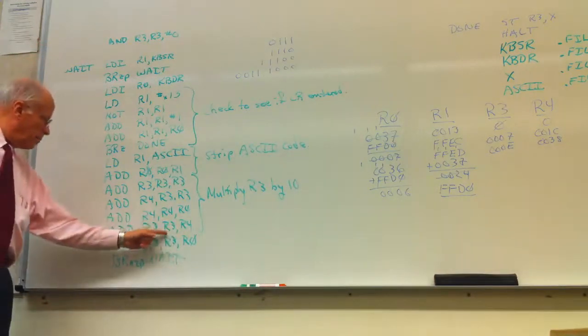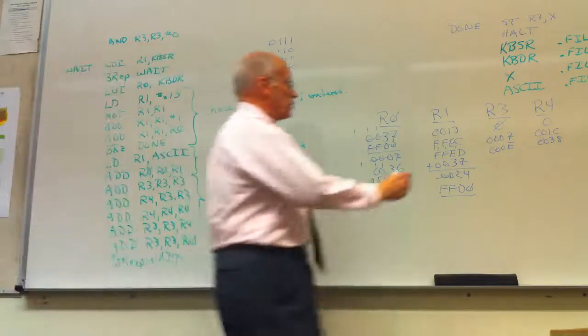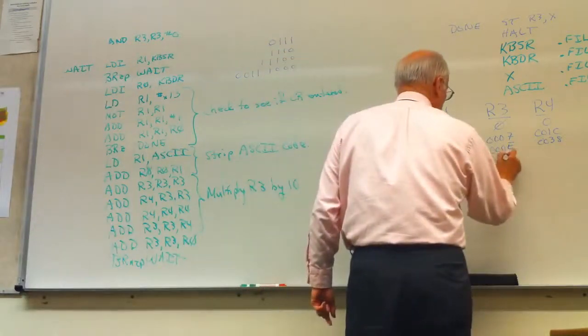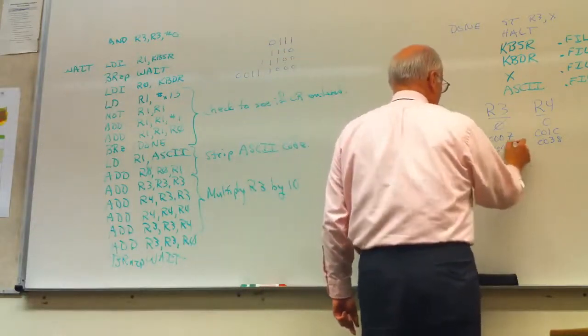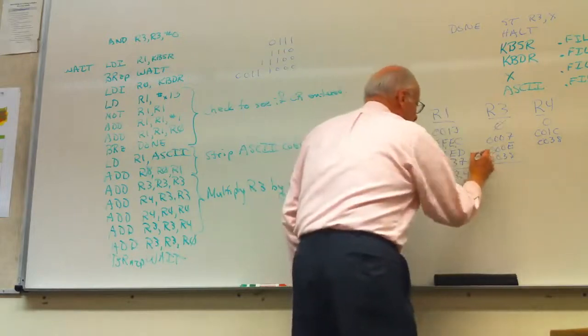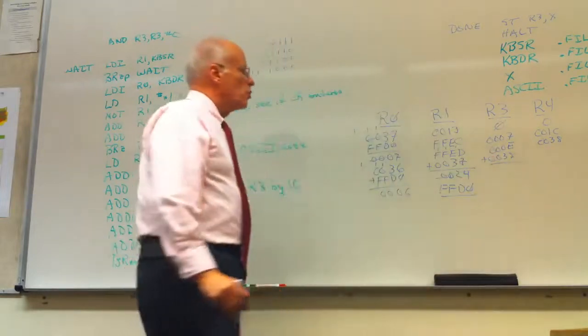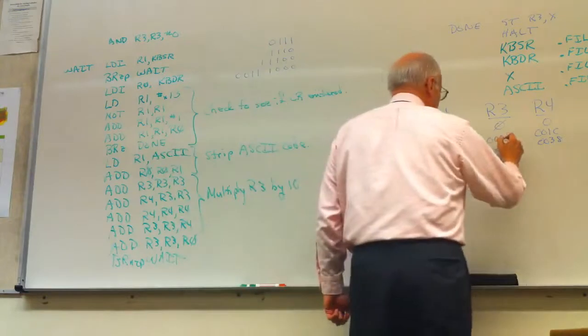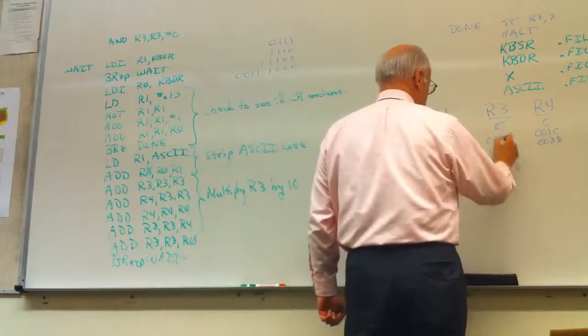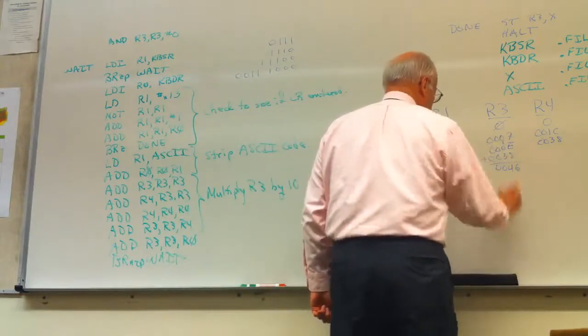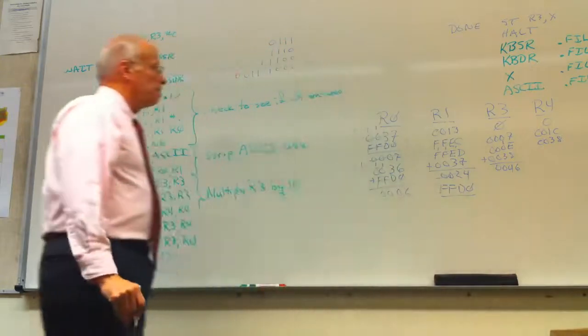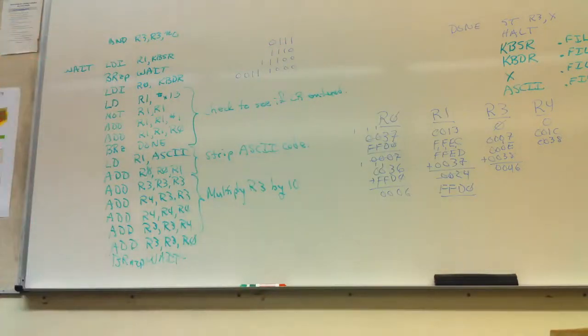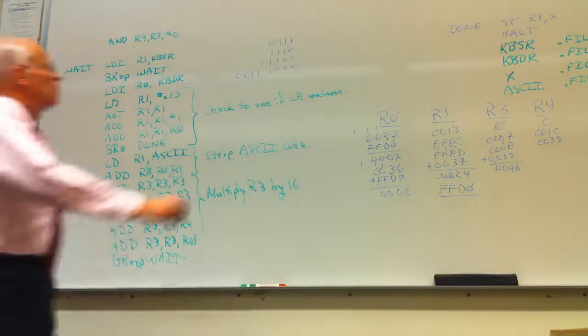Which I now add back onto register 3. 0038. 8 and 14 is 22. That's 1 times 16 plus 6. 3 and 1 is 4. Okay, just to check where we are, what is 46 hex in decimal?